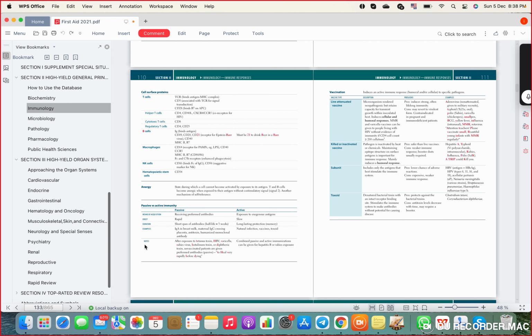That's active. Okay, that's good. If he is infected? Active. If he gets the toxoid? Toxoid also is a vaccine only, no, Doc? Yeah, so active. Antitoxin? No, that's passive. Okay, that's good.